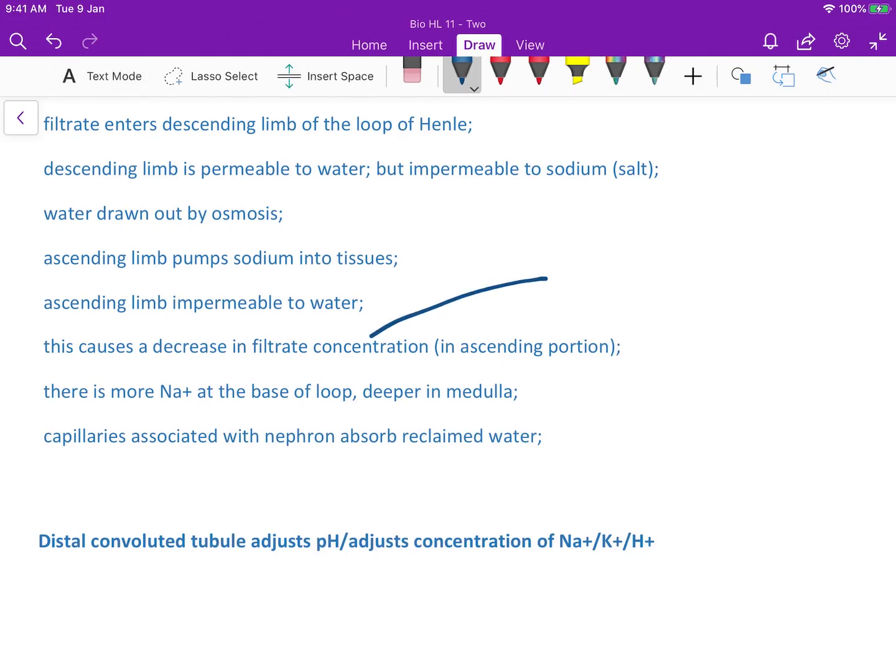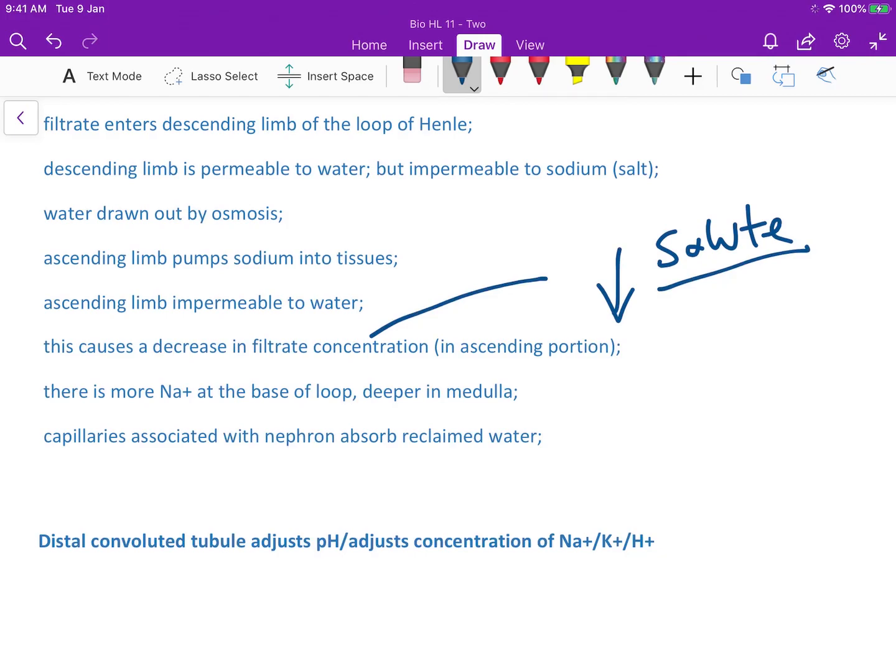And when we're talking about concentration, we're talking about decreasing the overall concentration of solute, because it was very salty at the bottom of the loop of Henle. And now, by pumping out sodium, we decrease the filtrate or the solute concentration, returning it to the same as the proximal convoluted tubule.